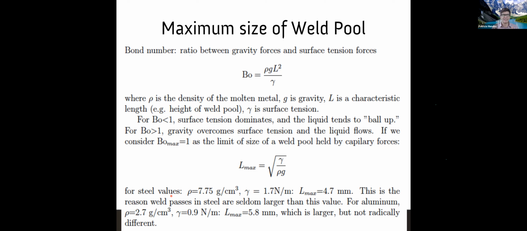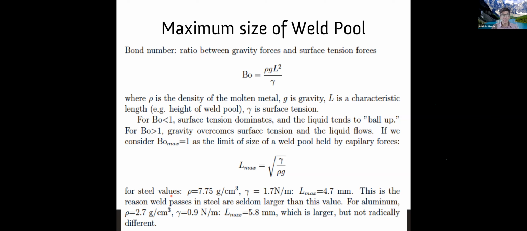In welding, the size of one bead is given by the laws of nature, and there is nothing we can do about it. And the forces at play are the surface tension. The droplet, the molten metal, has its weight, but it's kept in place by the surface tension.